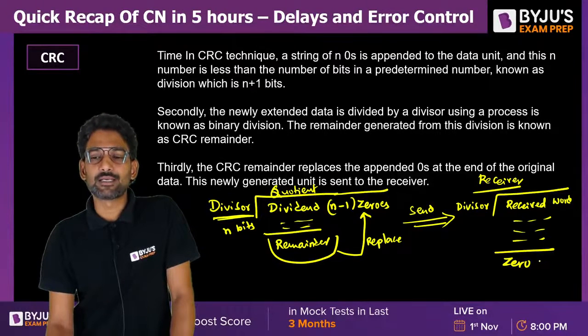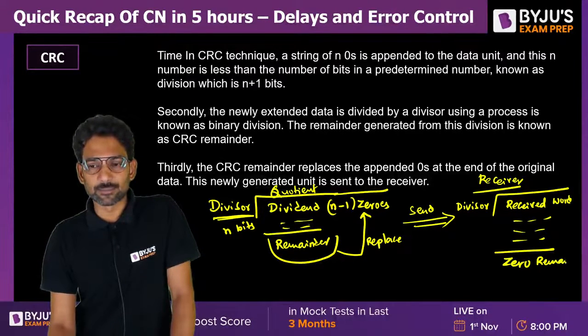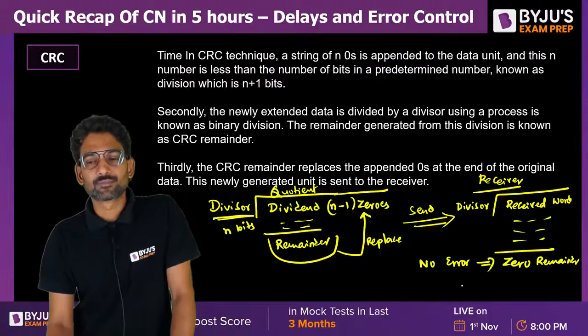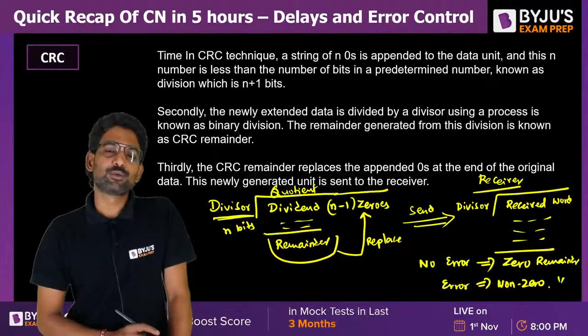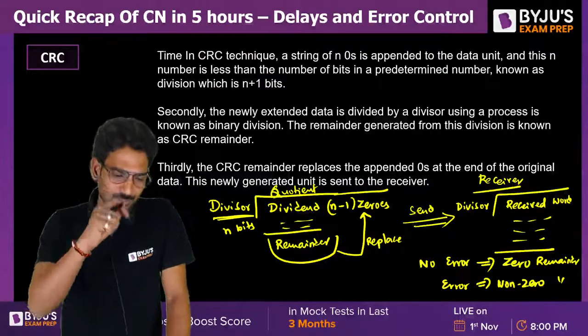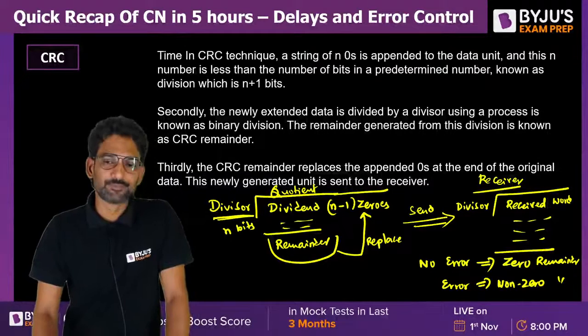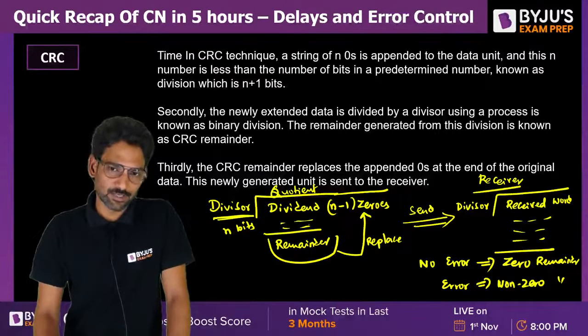If he gets 0 remainder, that means no error is present. Non-zero remainder, it can be any value, that means an error is present. This is the CRC procedure, guys.